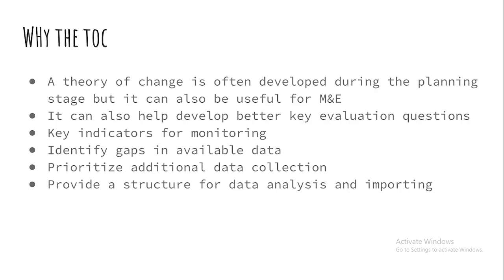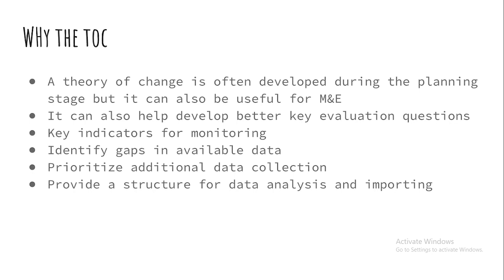Why do we develop a theory of change? This is normally developed during the planning stage. It's very useful for your monitoring and evaluation. It can help you develop better key evaluation questions. It can help you develop indicators for monitoring, because as we've looked at, it covers the whole hierarchy of results.